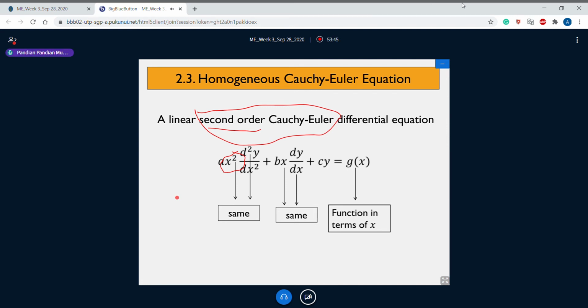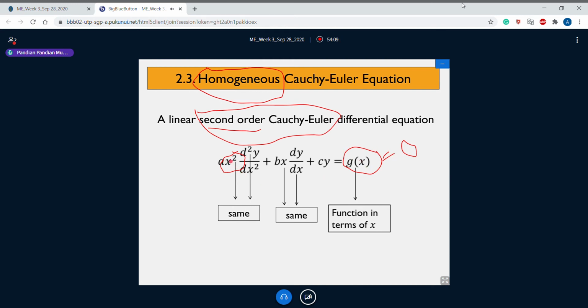So a good example is a x squared d^2y/dx^2 plus b x dy/dx plus c y equals g(x). But this g(x) will be equal to 0 later, because you already say homogeneous. Homogeneous meaning the g(x) will be 0.